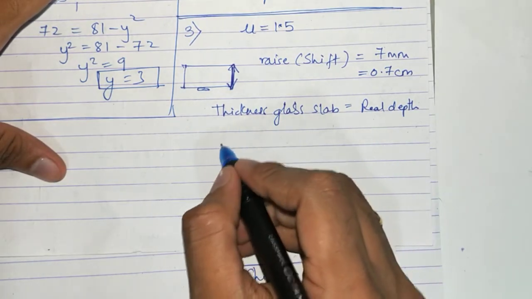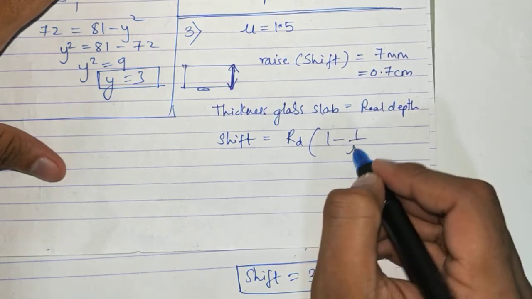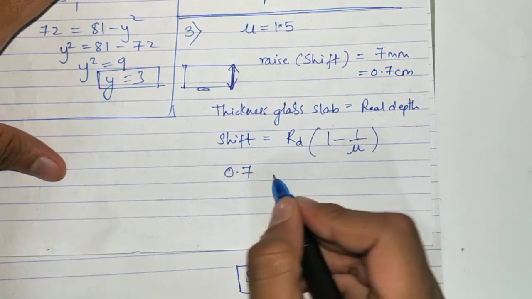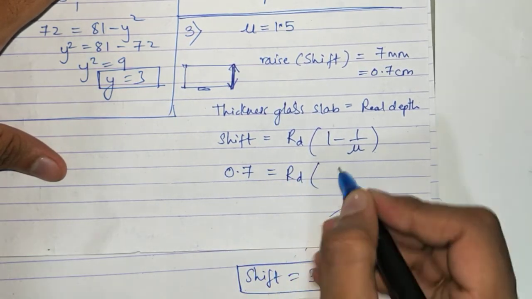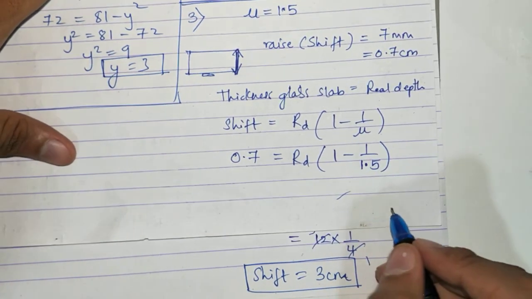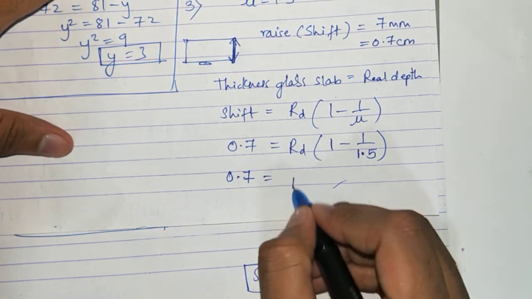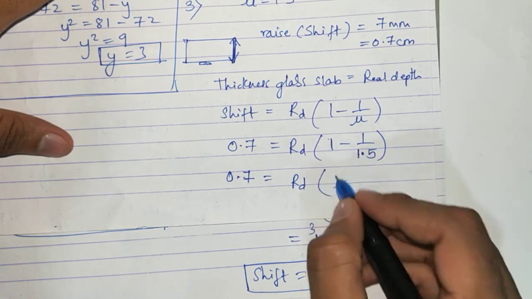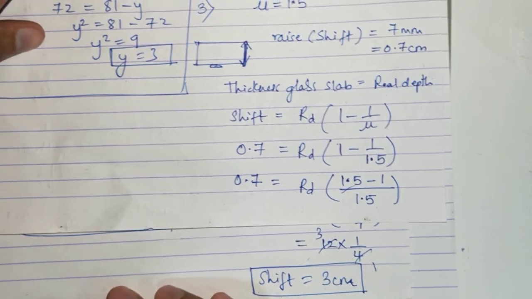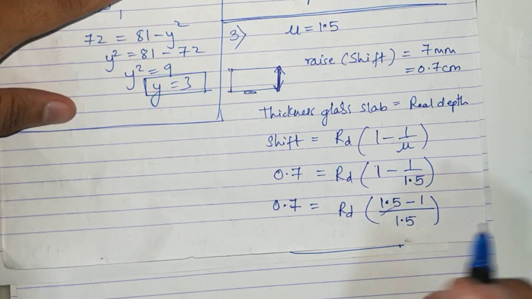Okay, so let's use the formula. Shift is equals to real depth 1 minus 1 upon refractive index. So shift is 0.7 centimeter. Real depth you don't know, 1 upon 1.5. Okay, now how to solve this? 0.7 equals, take LCM here, so 1.5 minus 1 upon 1.5. ओके, you can even write this 1.5 as 3/2, वो भी चलता है.